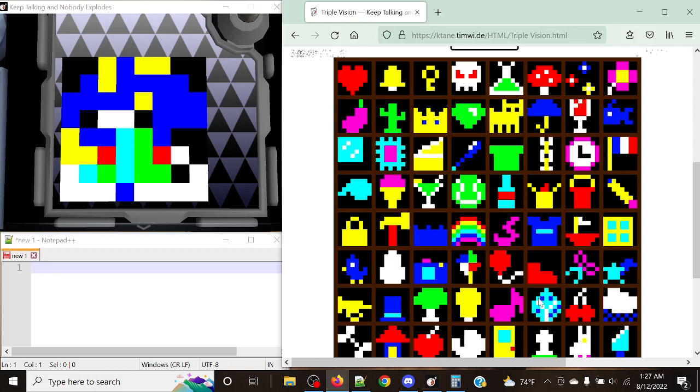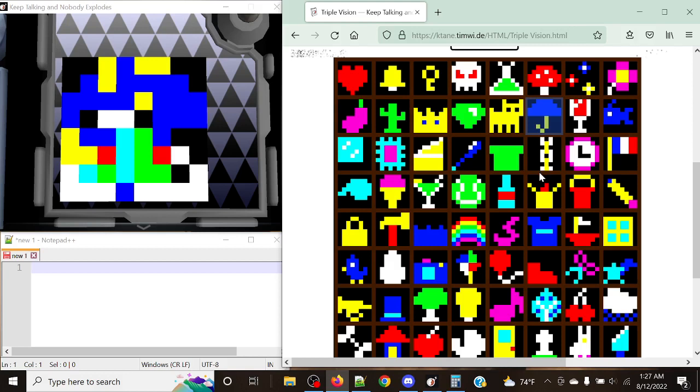There's a lot of blue. Could be the fish? No, it can't be the fish. Could be the umbrella, perchance? Might be a good starting point. Yeah, that would be a nice starting point, actually.